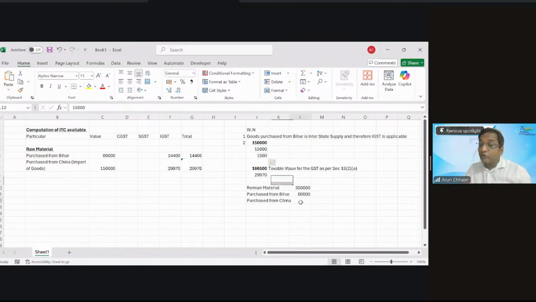But when we calculate the remaining material, because it says any type of taxes, it will not include custom, it will not include social welfare cess, it will not include IGST. So we will take 1,50,000 only. What is the remaining material? 1,20,000. Is that clear?